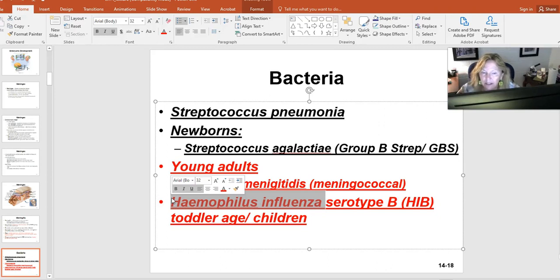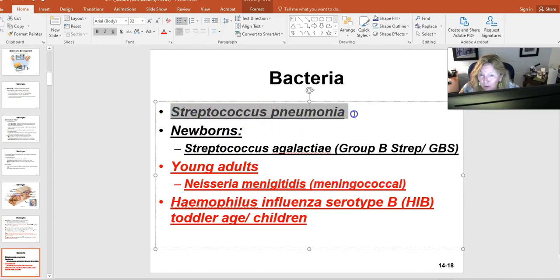The reason is that there is a Hib vaccine that's part of the pediatric protocol. The meningococcal vaccine should be part of the protocol for high school students. The pneumococcal vaccine is now all part of that immunization protocol.